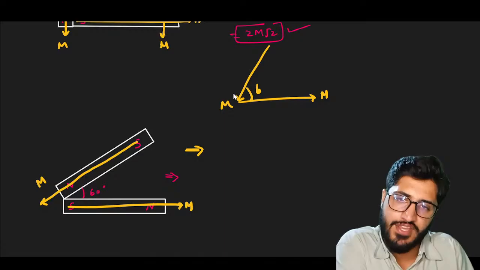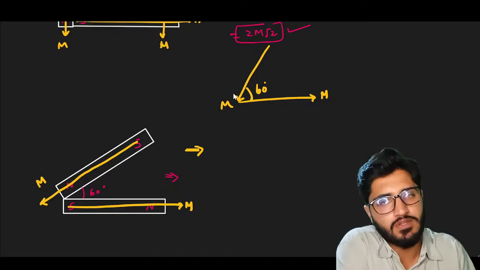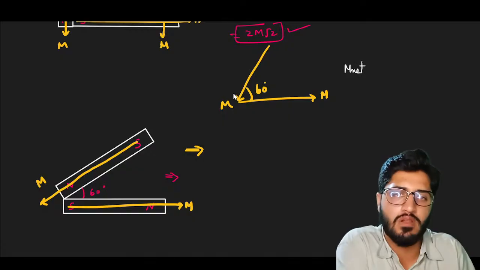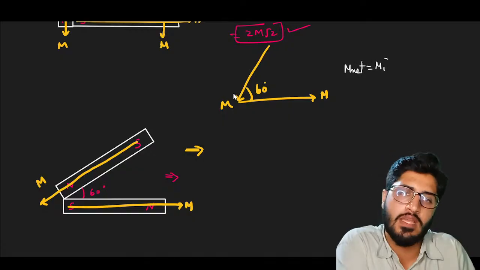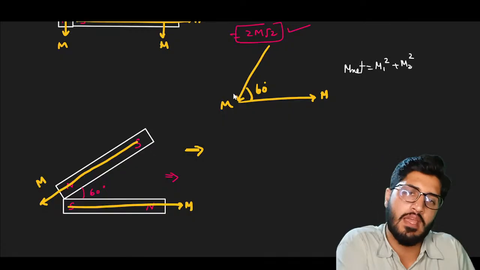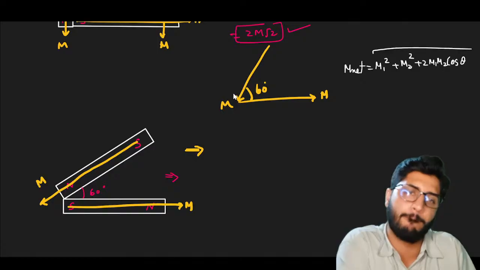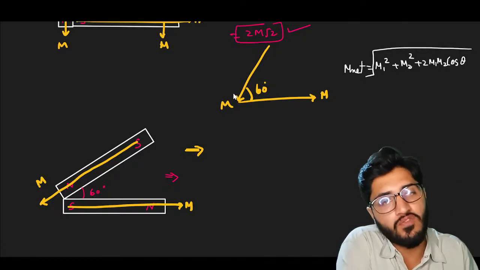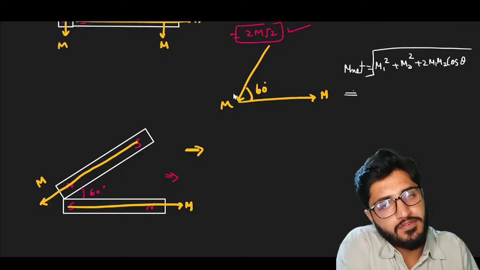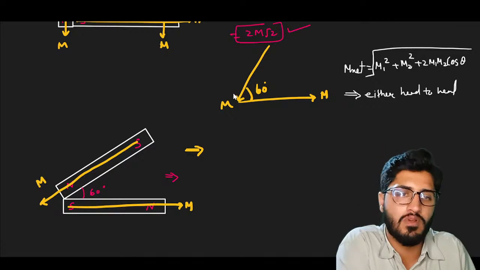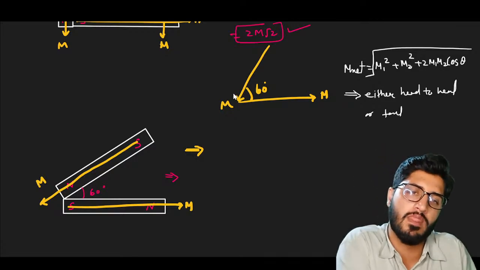What is the formula for this one? M net is M1 square plus M2 square plus 2 M1 M2 cos theta. But as we know from vectors, the angle between vectors is either head to head or tail to tail.